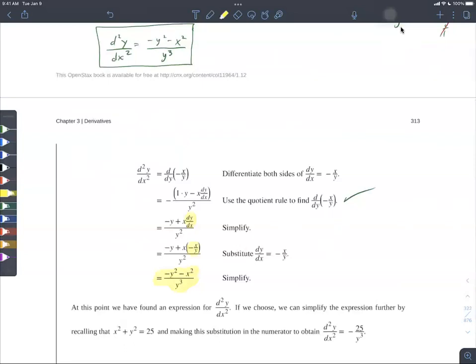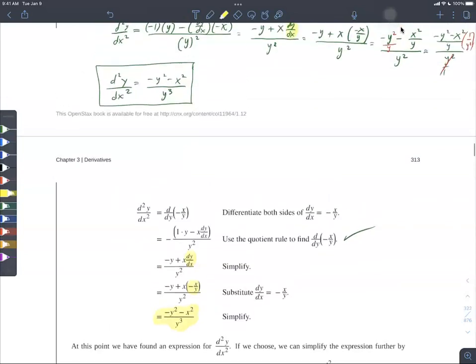So we'll write that out. Like I said, it doesn't really matter, but if you factor out a negative from the top, you get y squared plus x squared over y cubed. And if you remember, the original equation was x squared plus y squared equals 25. So we can plug in a 25 there.